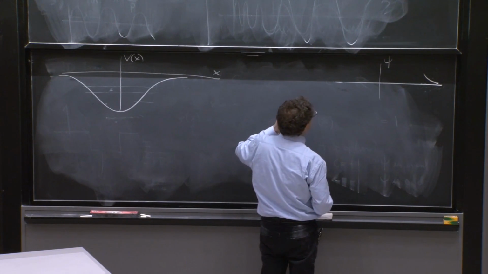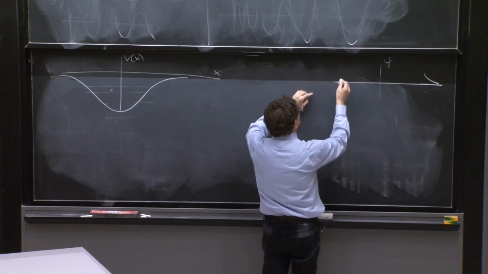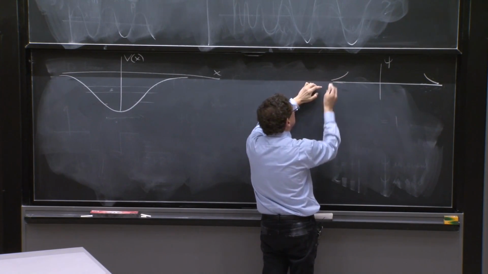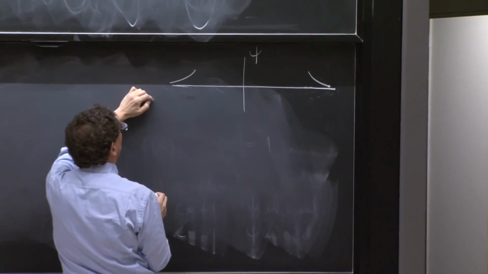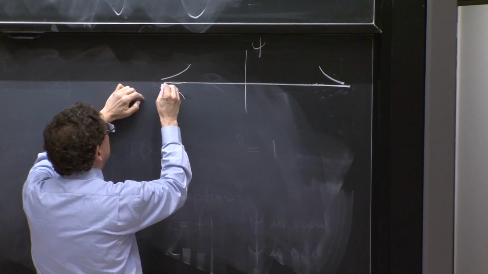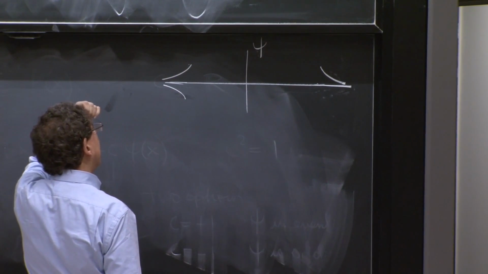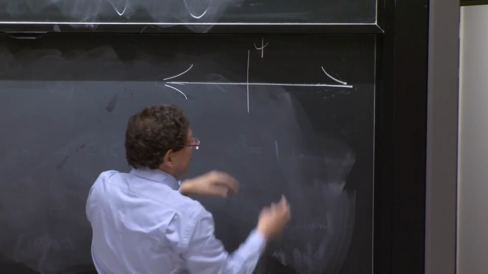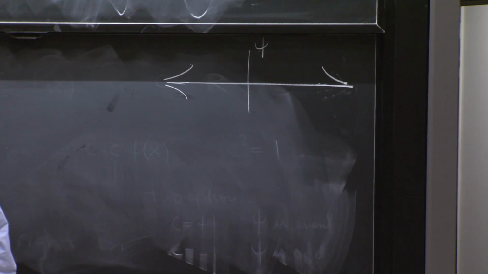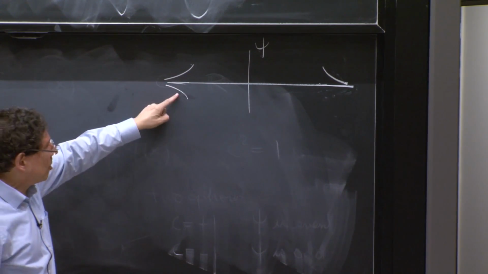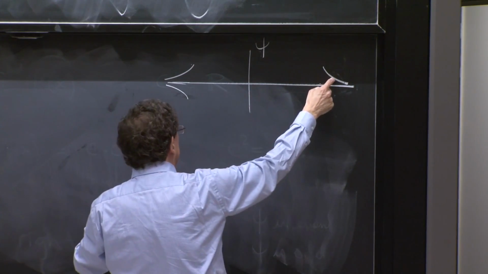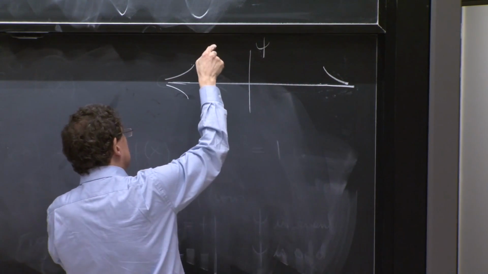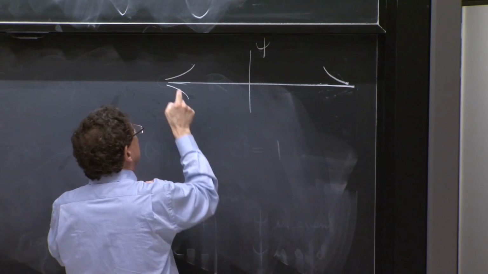Well, it also has to decay. So it can decay like that, or it might be decaying like this. And in fact, you don't know until you figure out what's happening in the middle. It may be decaying like this or like that. I fixed the sign here, so whatever this does, it should either end up like that or end up like that.